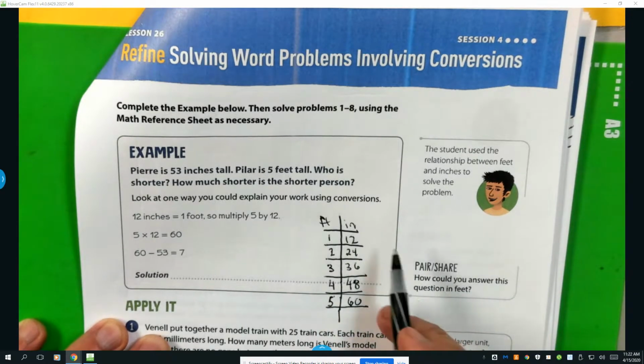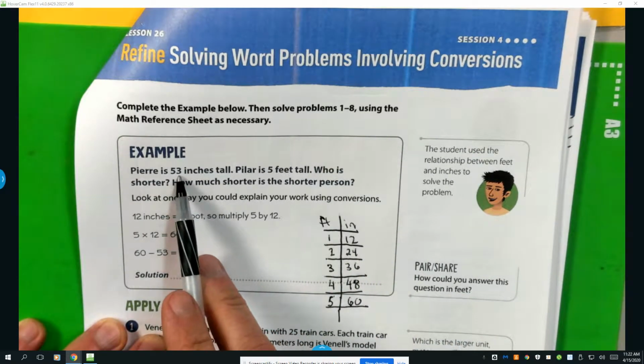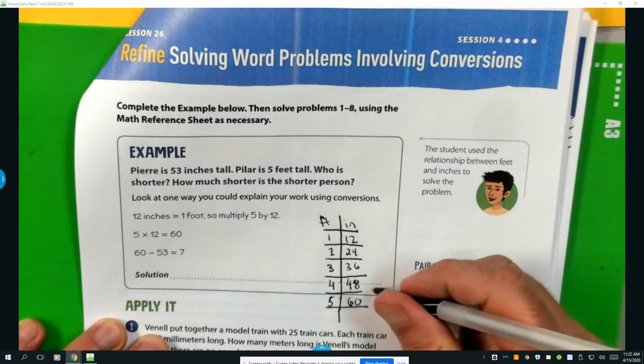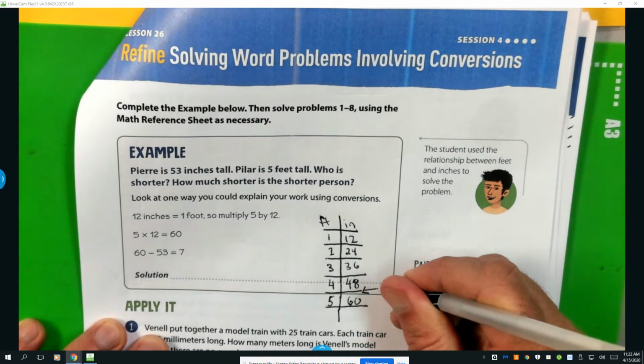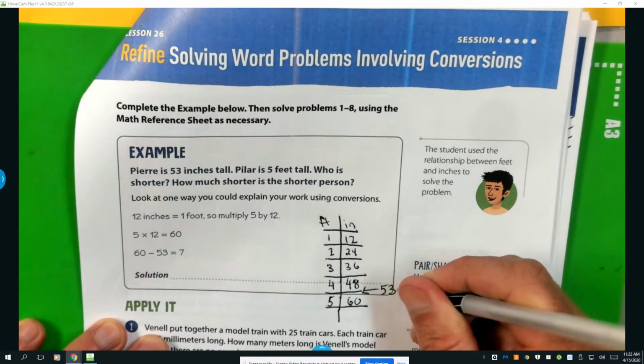Okay, and then we have someone who is 53 inches tall. Well, 53 is going to go right in between here.